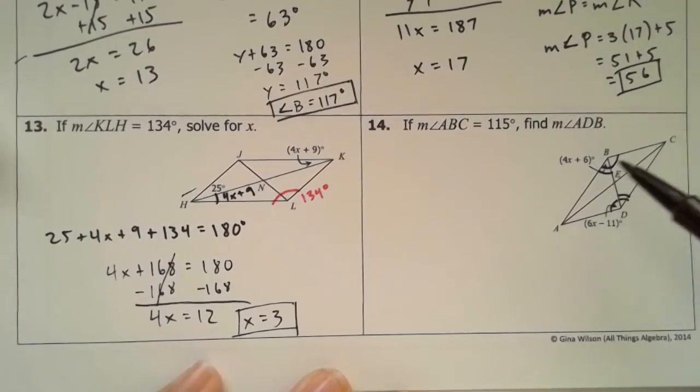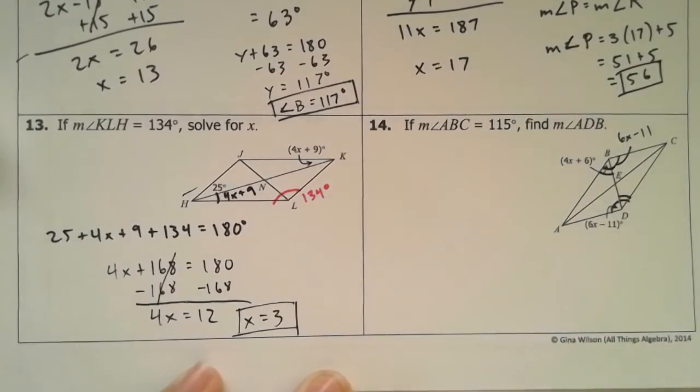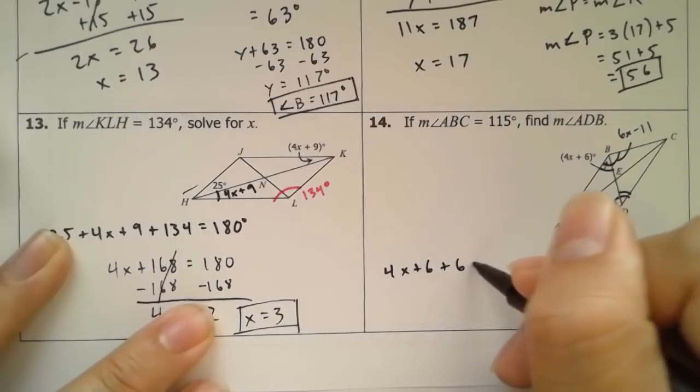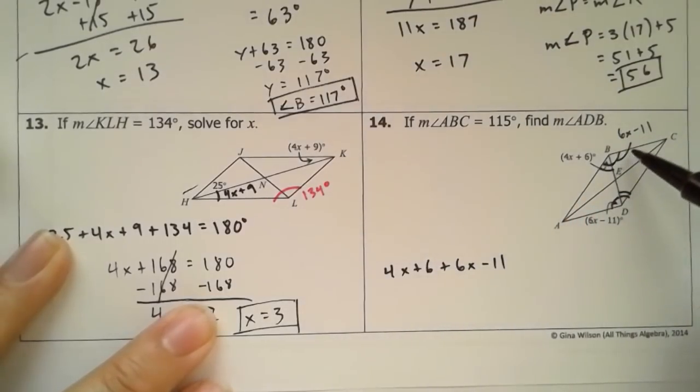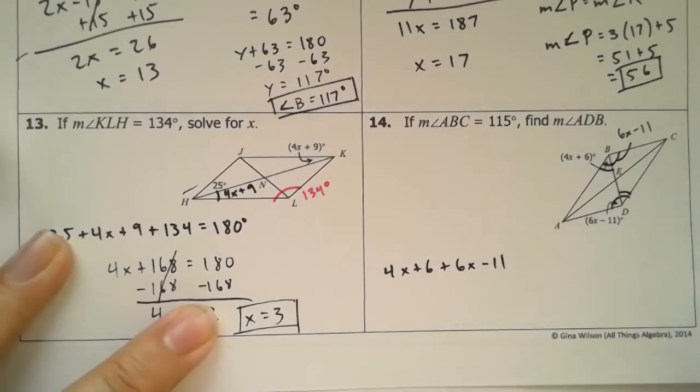So this angle is equal to this angle is equal to this angle. Let's use ABC, because that's the one they're telling us is equal to 115. So if that's 4x plus 6, and these two are alternate interior, then this one here is also 6x minus 11. So 4x plus 6 plus 6x minus 11, both angles equal to 115, because the entire thing is 115.